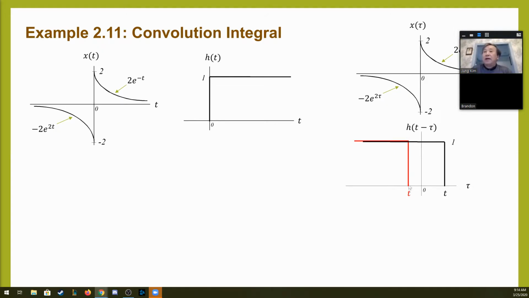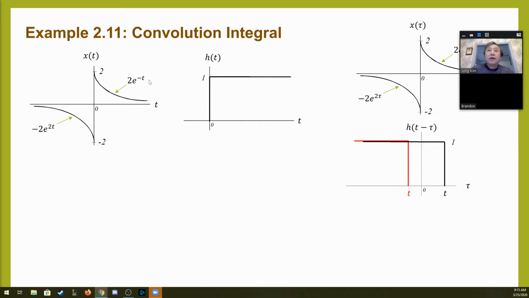Whenever you change it to h of t minus tau, how do you figure out where the t is for the red one? All right. So this h of t, you saw my mouse moving, right? h of t is changed to tau, and then flip means that this one goes this way.